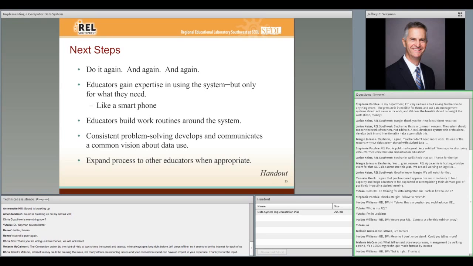So if we look back, what have we accomplished? We have created an implementation plan that is work-based, not technology-based. We've created an implementation plan that looks to the educators, looks to the humans in this as the agents of change. We've created something that we hope is relevant to their work.